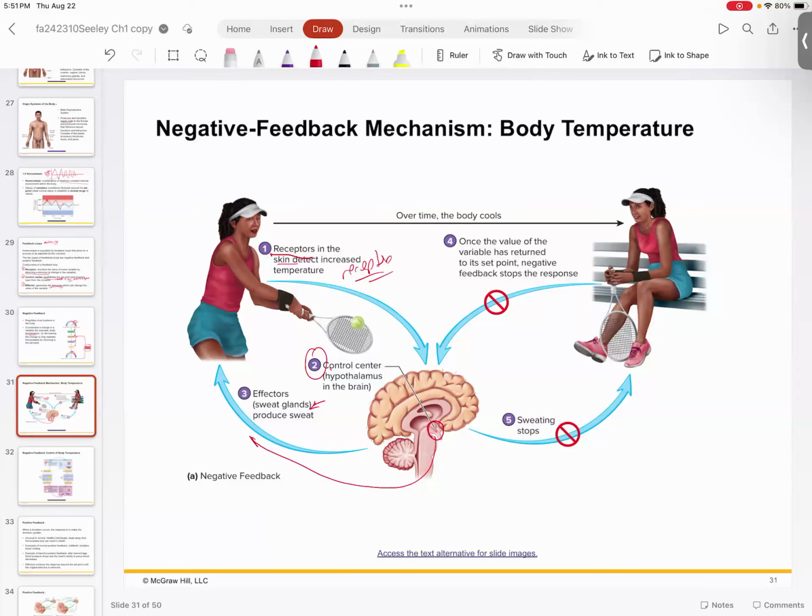And it has to go through blood vessels. And so the blood vessels, which are carrying hot blood because you're hot, will start to shed that heat in your sweat. So your sweat will pick up the heat associated with the blood vessels in your skin.